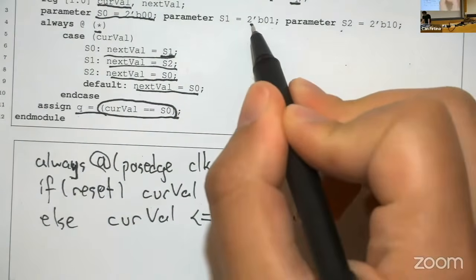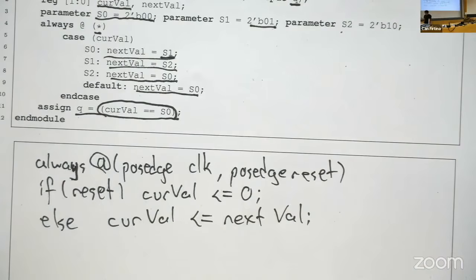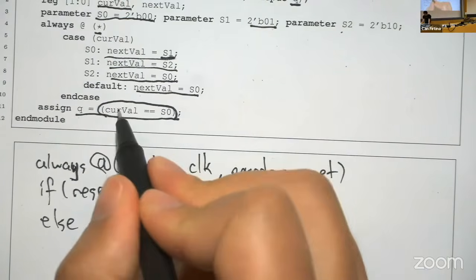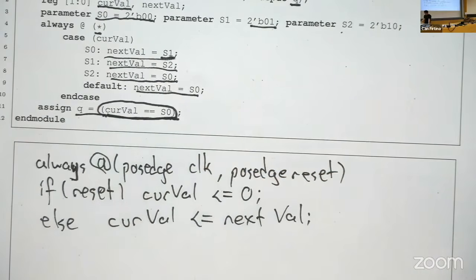S1 encodes 1. So the current value, when the clock hits, will become 1. And then it will become 2. And in these 2 cycles, it will output 0, because this statement will end up being 0. And then it will go back to state 0. And when it comes back to state 0, it will output 1 again. And it will continue forever.